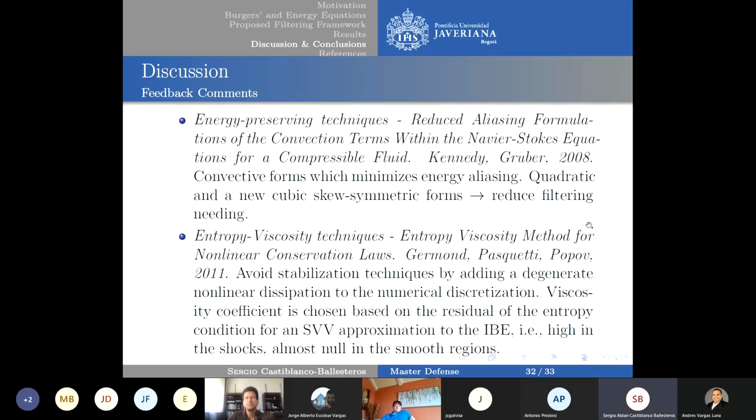The analysis is pretty similar because they are basing this on an energy analysis, but they use a spectral vanishing viscosity approximation, and I'm using a filtering technique instead.